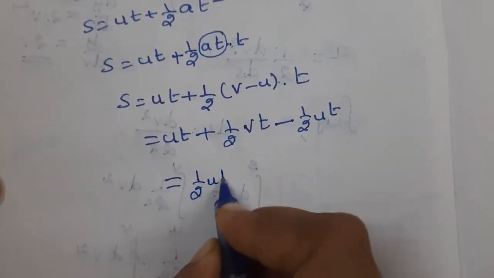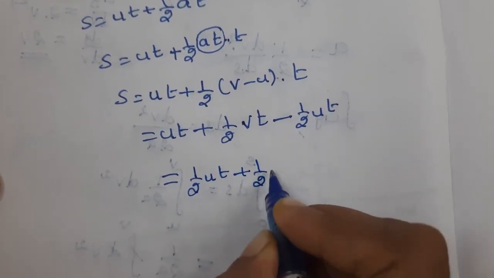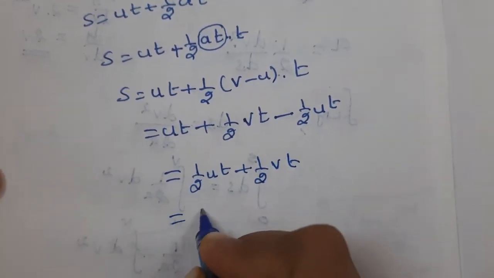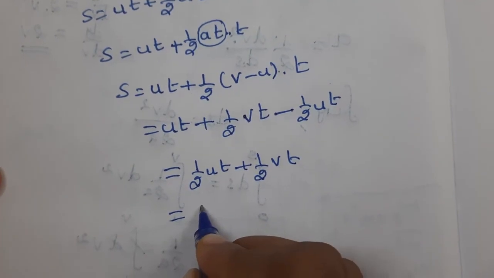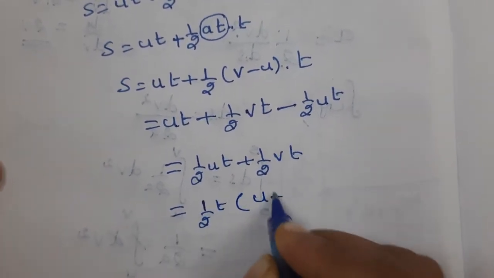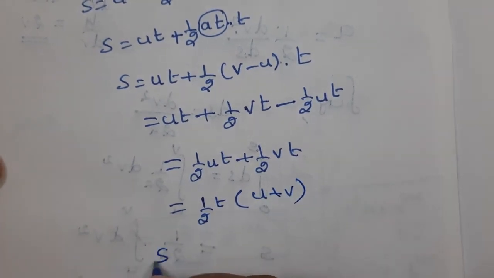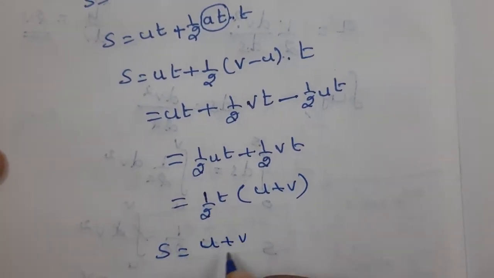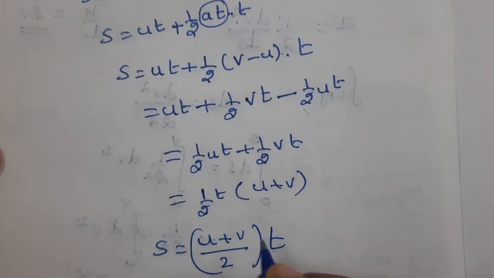So 1 by 2 ut plus 1 by 2 vt. We can take the common term outside, 1 by 2 t into u plus v. Or else we can write s is equal to u plus v by 2 into t.